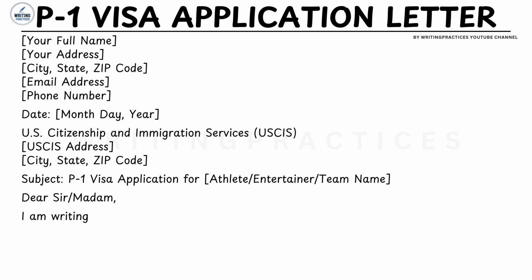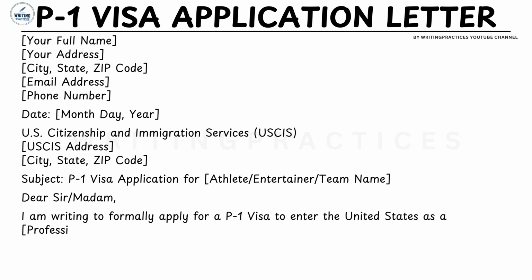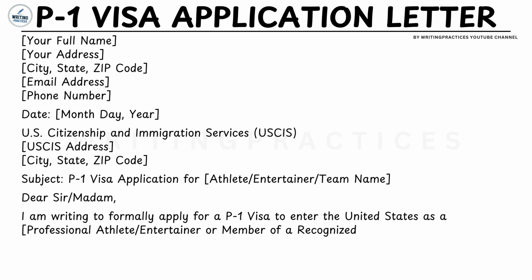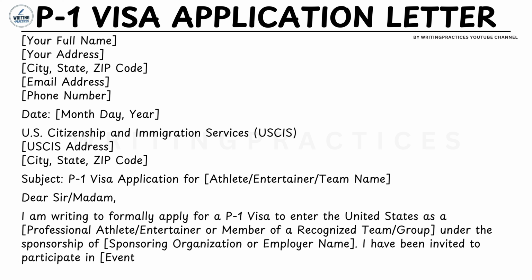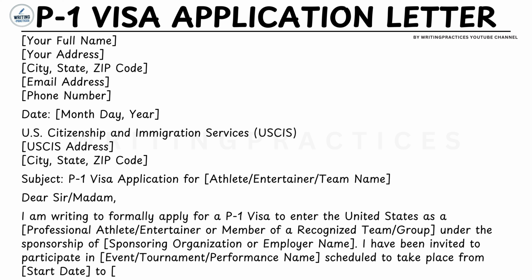Opening paragraph, introducing the application. The first paragraph should introduce the purpose of your letter. Clearly state that you are applying for a P-1 visa and mention your sponsoring organization or employer in the US. Here's a structured way to write this. I am writing to formally apply for a P-1 visa to enter the United States as a professional athlete or entertainer or member of a recognized team or group under the sponsorship of sponsoring organization or employer name.